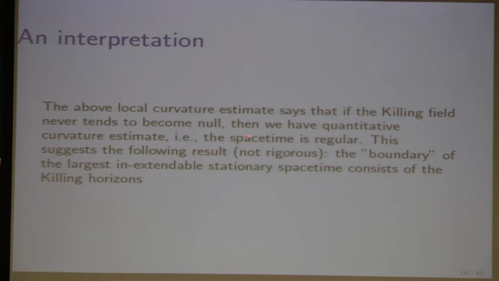It means the space-time is regular. So this is just the following result. Of course, this is not regular: the boundary of the largest inextendible stationary space-time consists of the Killing horizon. So this is not regular, but somehow it says this should be true.